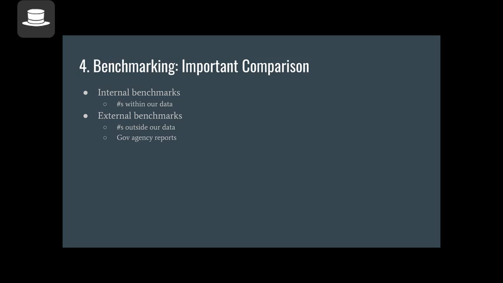When you're comparing the numbers from your 2020 data with the report, then you're making an external benchmark comparison, meaning that you're comparing your summaries with the summaries from outside of the data. Again, you'll know later on why these are important in specific contexts.